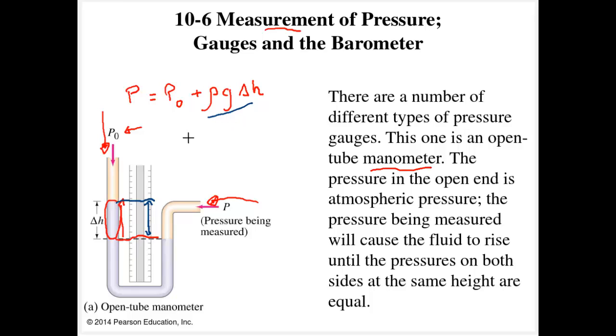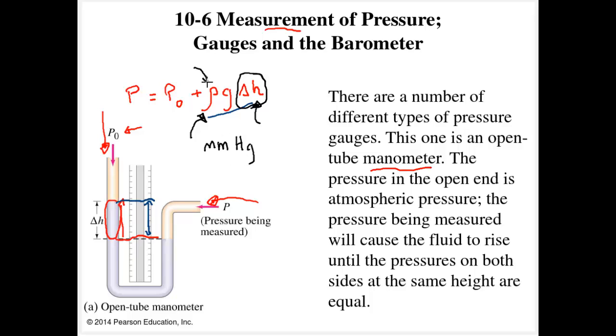Typically we choose a very dense, very heavy liquid, such as mercury, so that the height differential isn't very large. If we use something like water, then we're going to need a very large height differential in order to balance out pressures, but if we use something heavy like mercury, then the height differential doesn't need to be that large. So that's why we typically see another unit of pressure being millimeters of mercury.